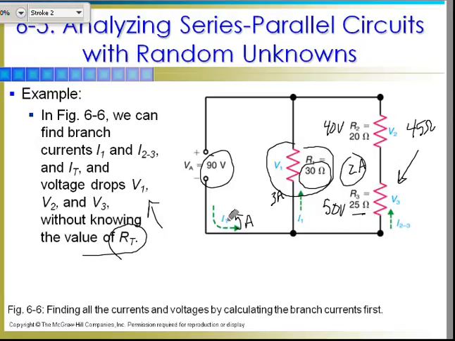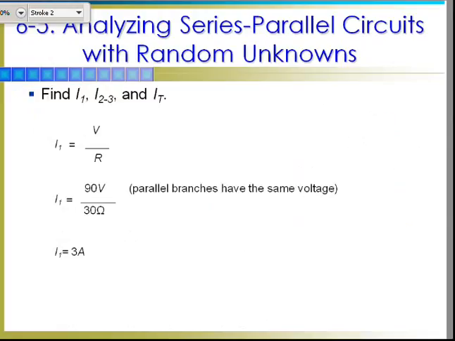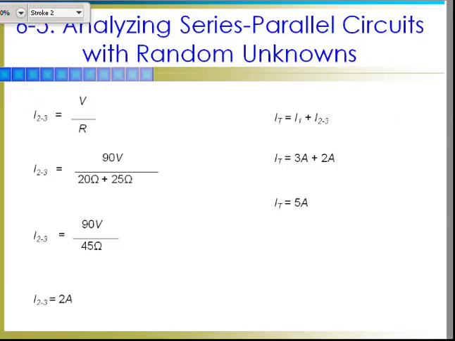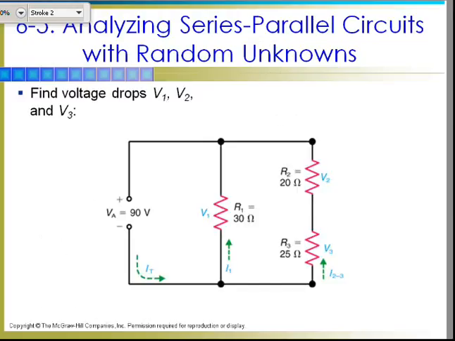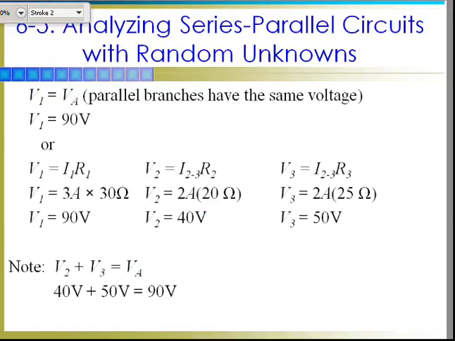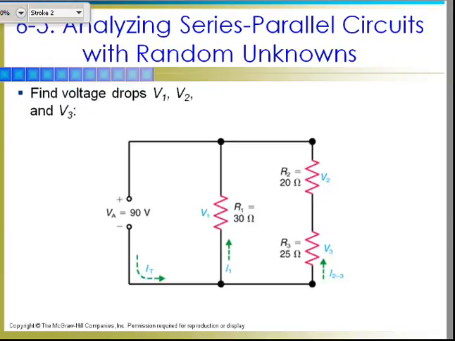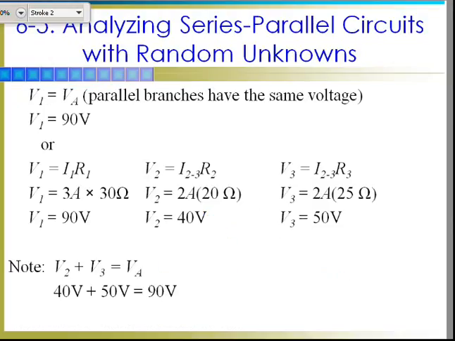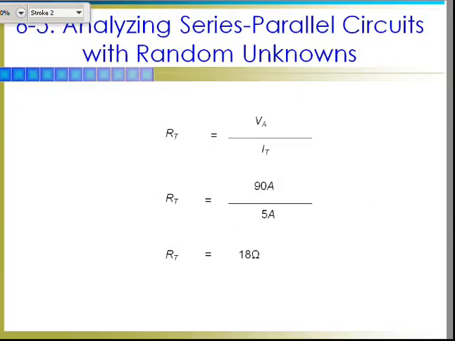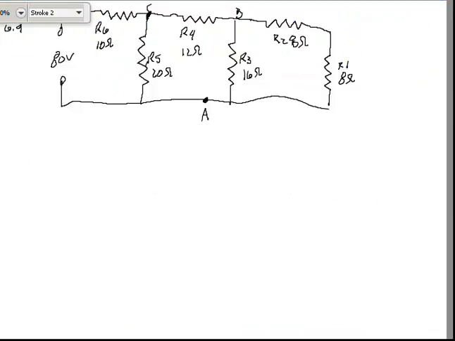Now, we could have found that by calculating the total resistance, but we didn't need to for these questions. Okay, once again, this goes to describe exactly what we just did. Okay, and we got that already. Did that? Okay.